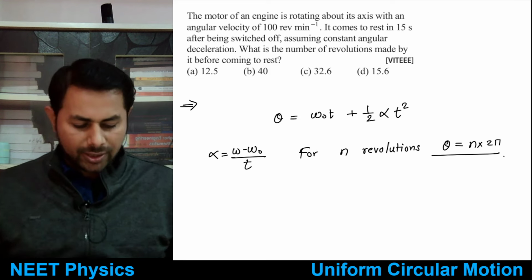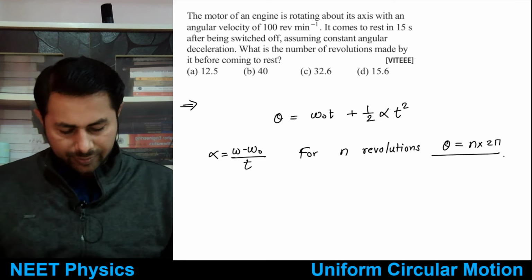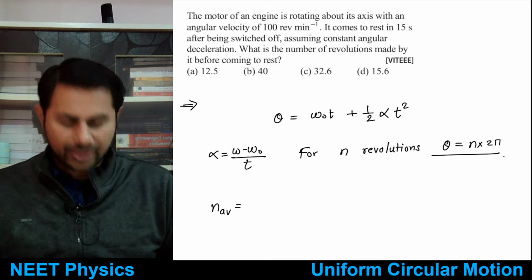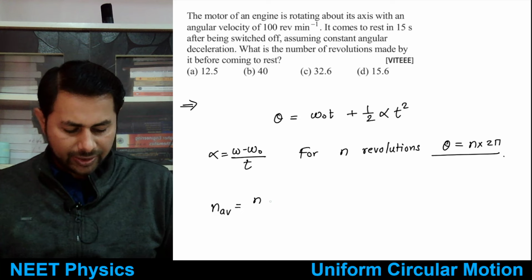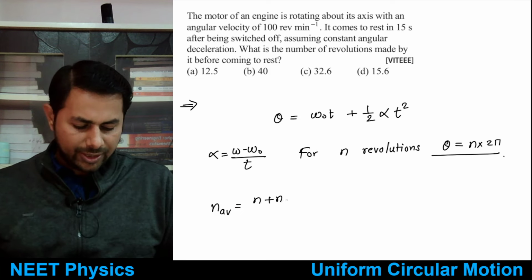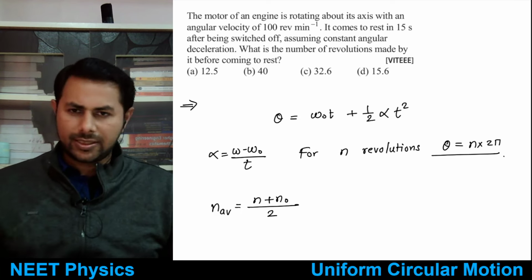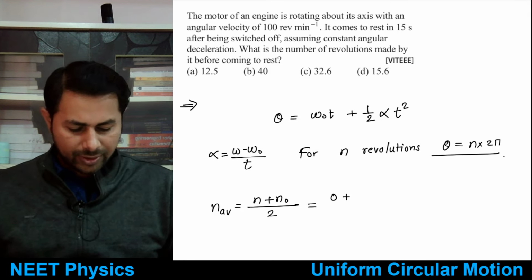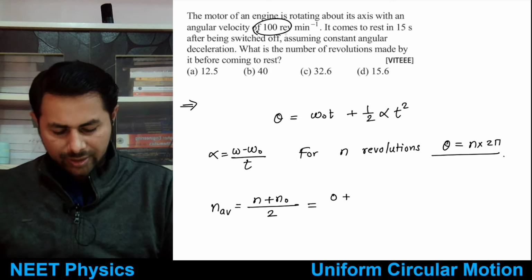So see, what we can do is find out the average frequency. What is average frequency? Final frequency plus initial frequency divided by 2. Final frequency is 0. What is initial? Initial is 100 revolutions per minute.